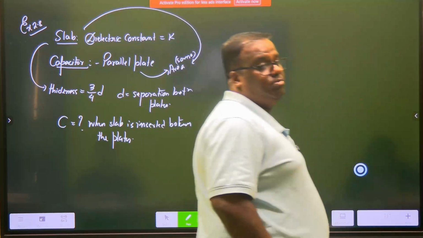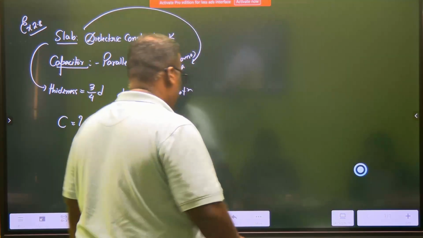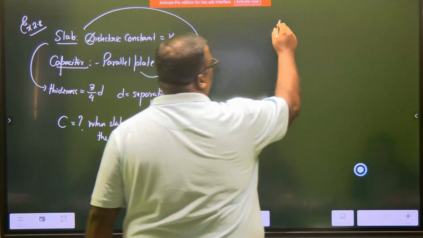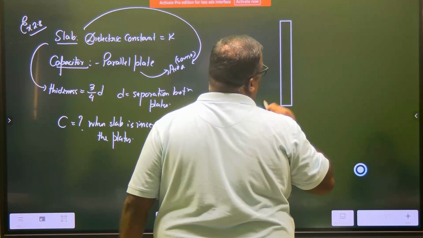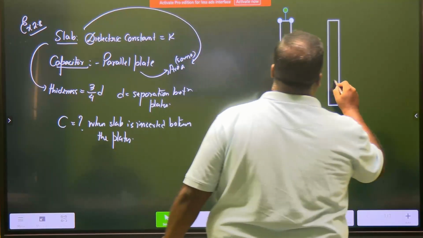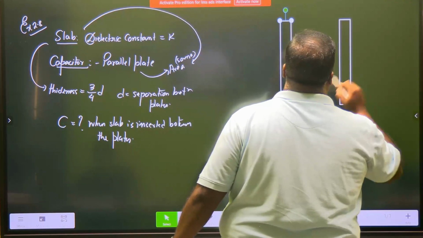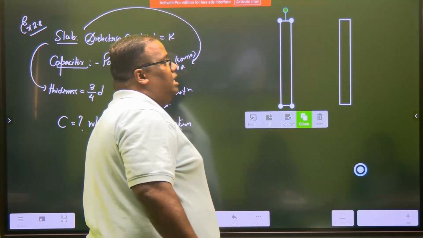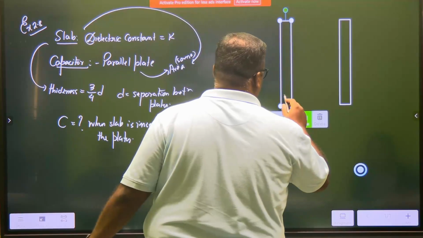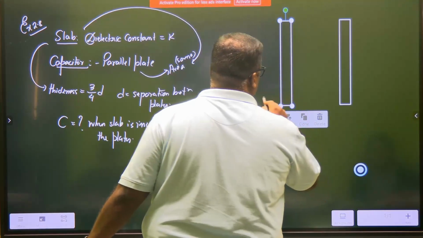It will be K times the capacitance when the capacitor was only a parallel plate capacitor with air in between. Okay, so let's clone this, and this is the original capacitor, right? And D is the separation. Now we also have something which is known as the dielectric.